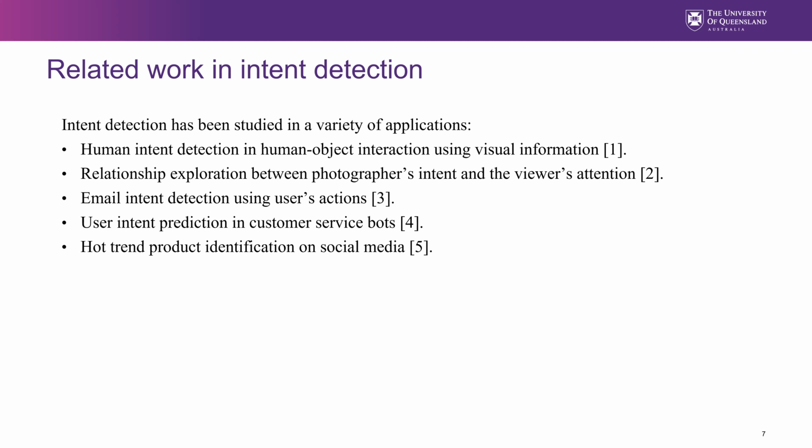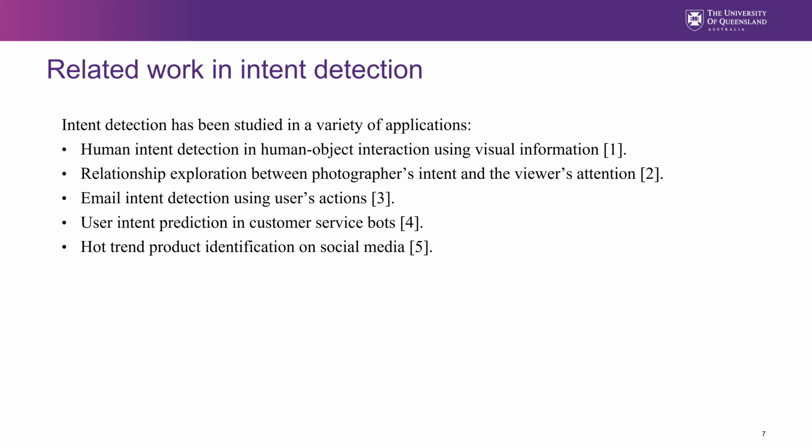For example, visual information is used to detect human intent in human-object interaction, and the relationship between the photographer's intent and the viewer's attention is explored in order to improve image analysis and understanding.